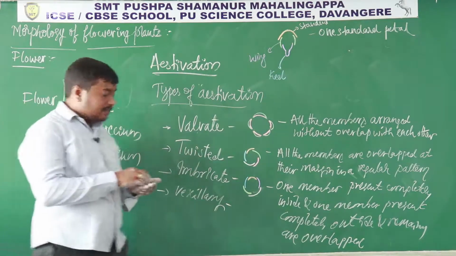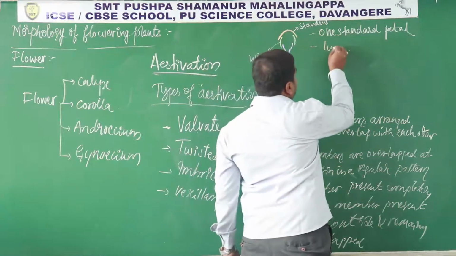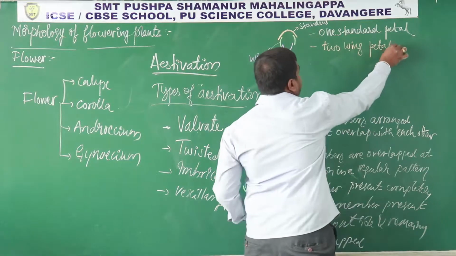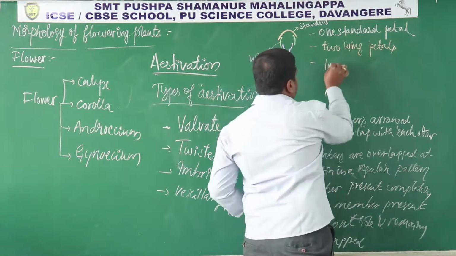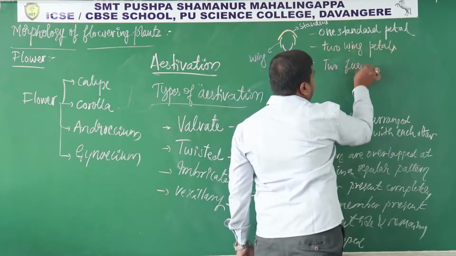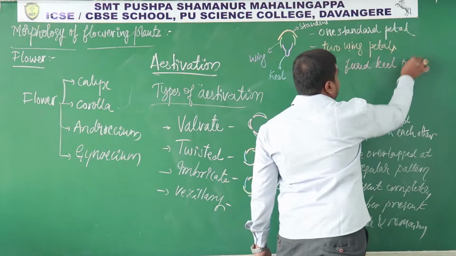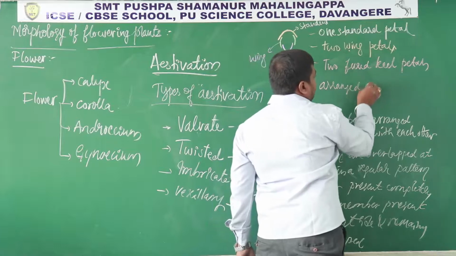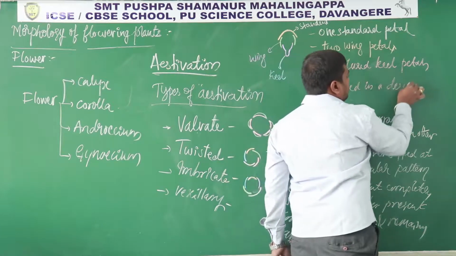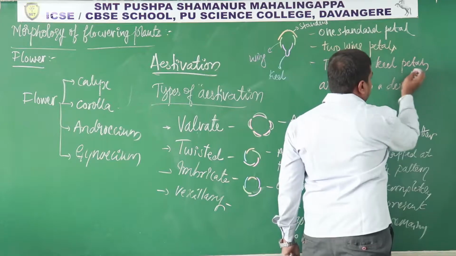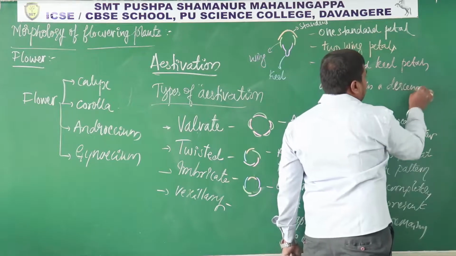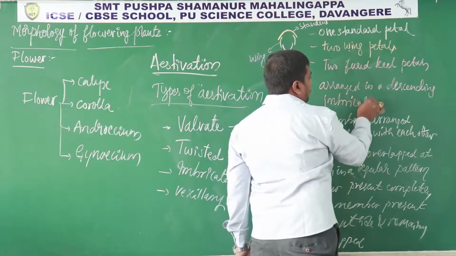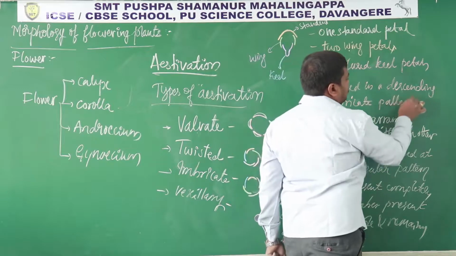So one standard petal, two wing petals, and two fused keel petals are arranged in a descending imbricate pattern.